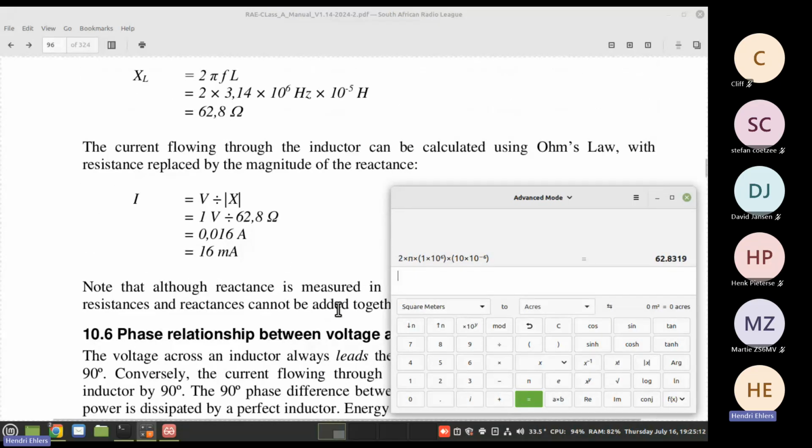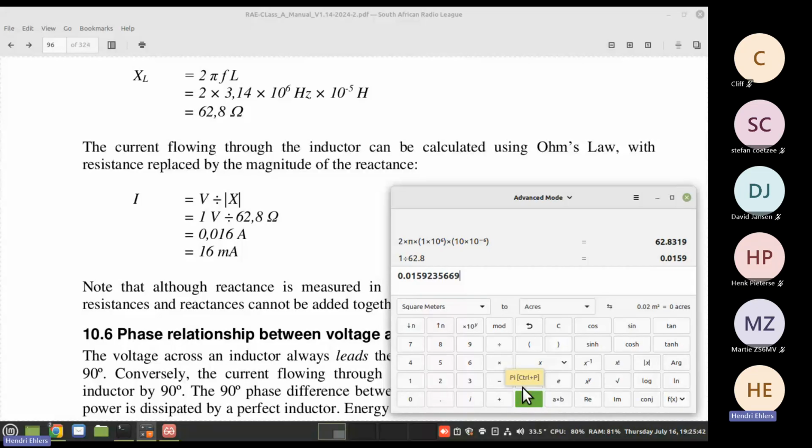let's go there. Now we apply Ohm's law. I equals V divided by the X which we calculated, which is the same as the resistance. So what we're basically going to do is say it's 1 divided by 62.8, equals.